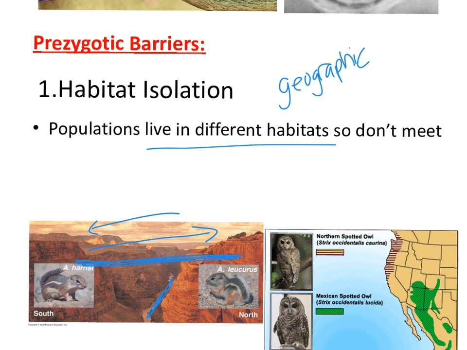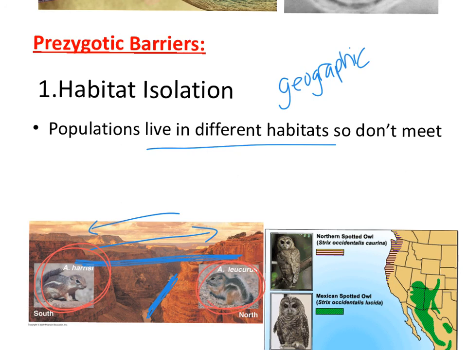But then at some point, the Colorado River started to cut through there. And when the Colorado River cut through and formed the canyon, this did not happen overnight. It took a long period of time. But gradually over time, that population of land mammals got split in half, such that half of the land mammals were living on one side of the canyon, meaning on one side of the river, and half of the small mammals were living on the other side of the river.